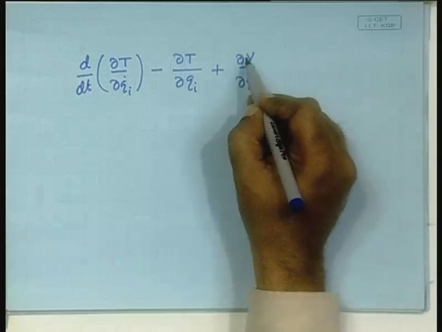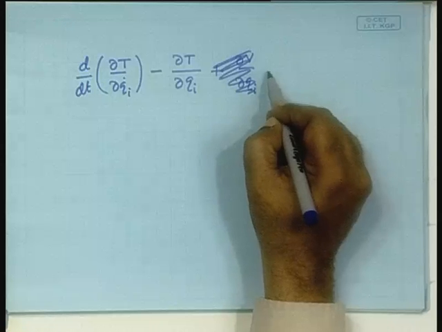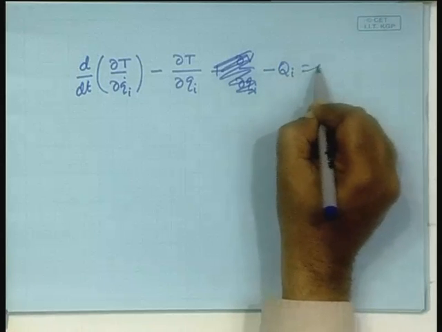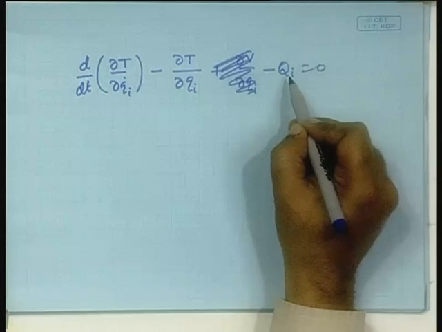Oh, sorry, at this stage it was minus Q_i equal to 0. And then we had substituted this by this.